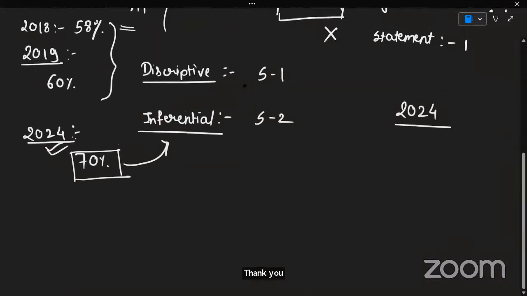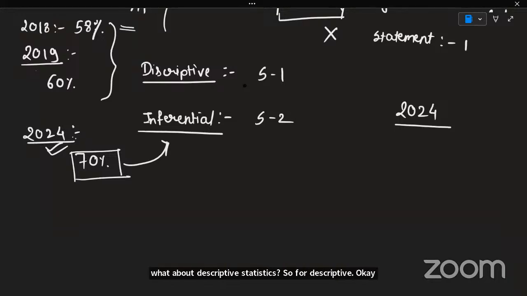And what about descriptive statistics? For descriptive, you just consider the class and the result and say, this year the result was 69% or so. Let's say the 2024 results are released, and you are coming again in front of the media and saying that this year's result was 69%.